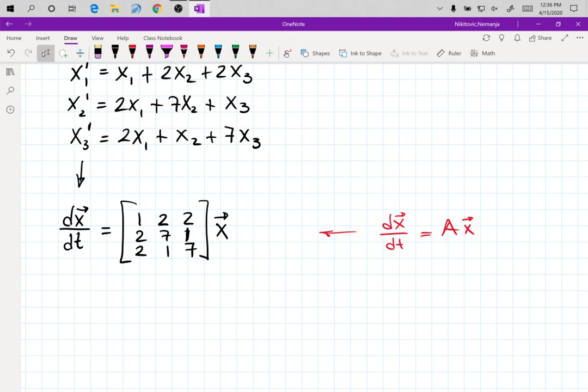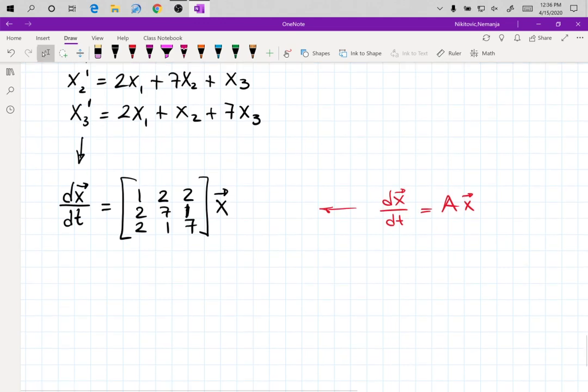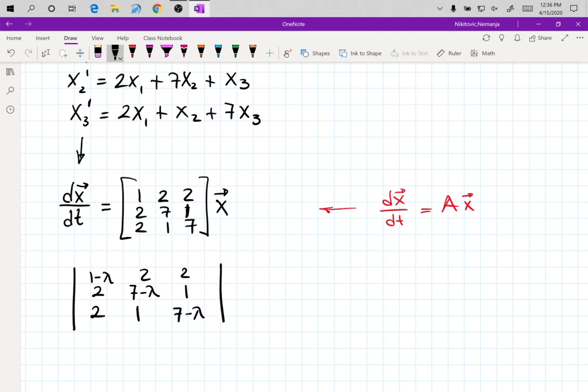Now our job is to find eigenvalues, right? So we're looking for eigenvalues. We're going to have the determinant of 1 minus lambda, 2, 2; 2, 7 minus lambda, 1; and then 2, 1, 7 minus lambda, equal to 0.